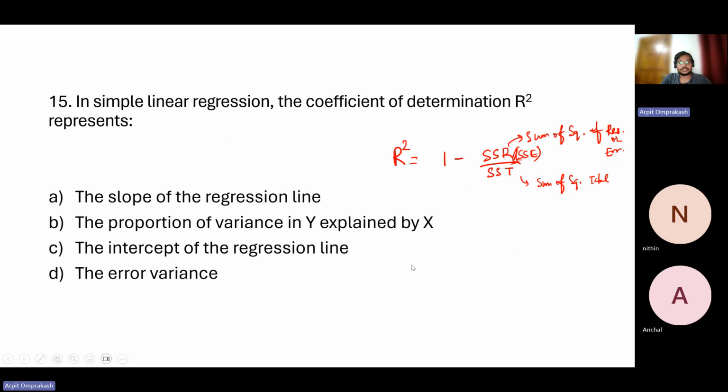We have option C and option A. Okay. So the answer is actually not option C or option A.